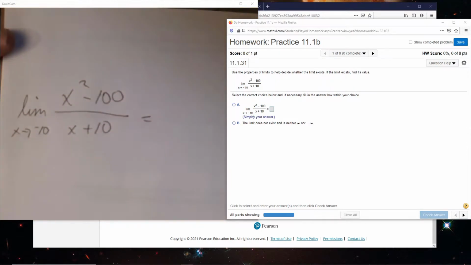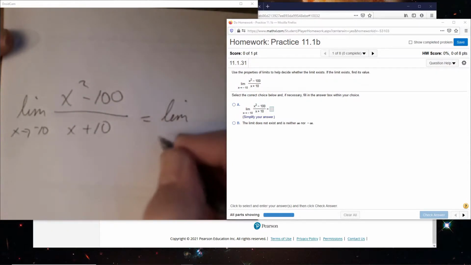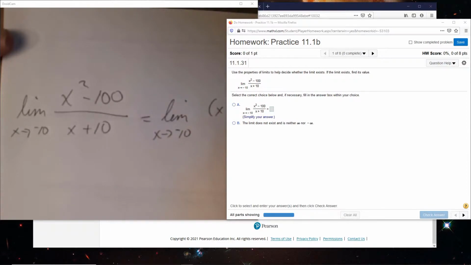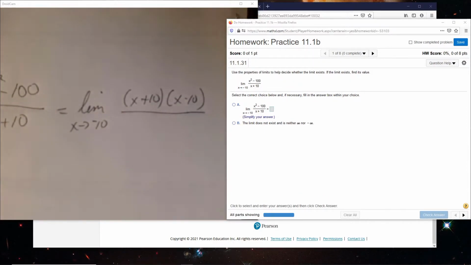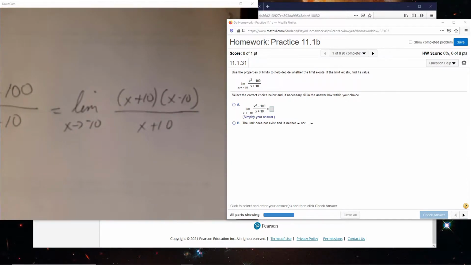And if you look at the numerator, you can see we can factor that. And we'll have x plus 10, x minus 10, all over x plus 10. And then those x plus 10s will divide out.